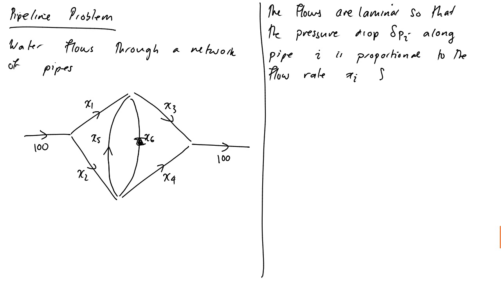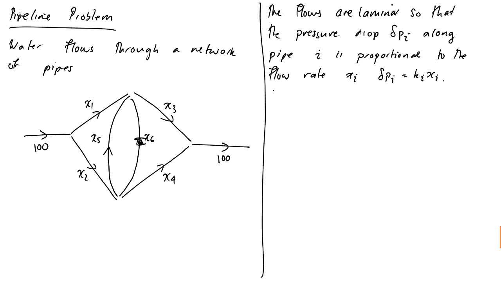Okay, so you've got some kind of resistance: pressure drop equals some kind of resistance times the flow. Okay, this is exactly like Ohm's law for electrical circuits, where a voltage drop is equal to a resistance times a current. So under certain conditions, fluid flow behaves in a very similar way.